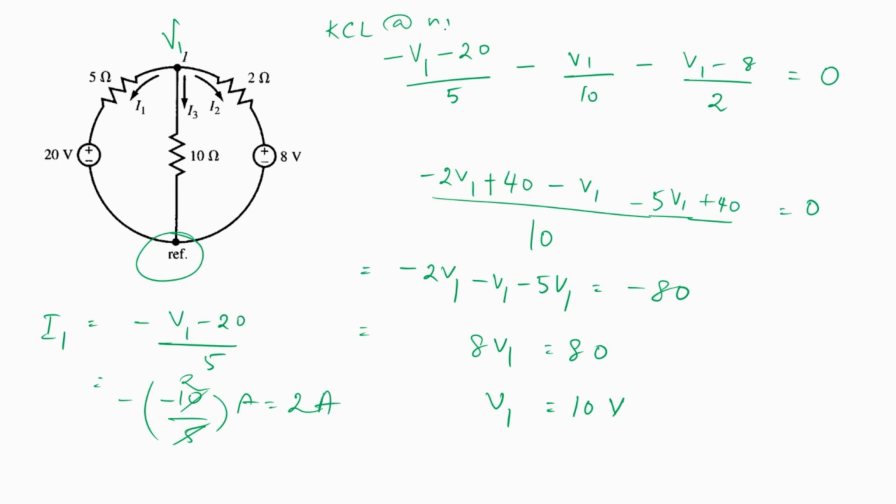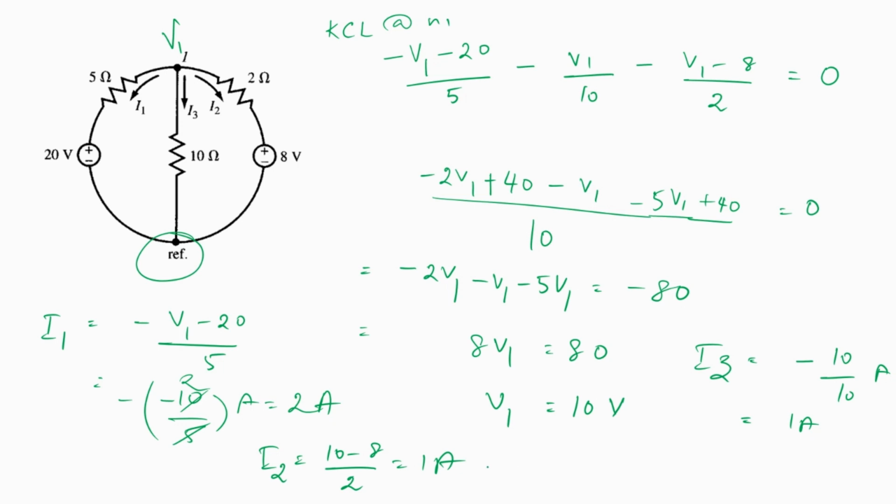In that manner, we can also compute the value of I3 as minus of V1 by 10, which is minus of 10 by 10 amps, which is nothing but 1 amp. And the value of I2 can be obtained as (10 minus 8) by 2, which is 2 by 2 or 1 amp.